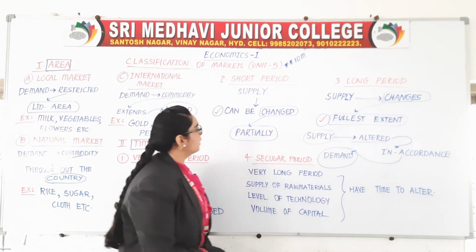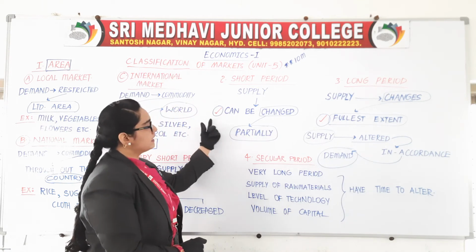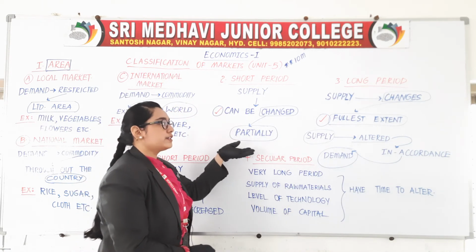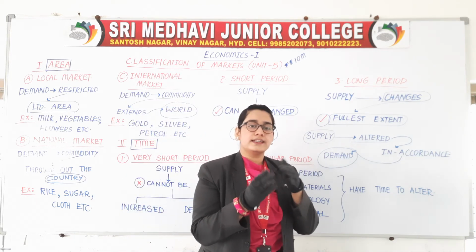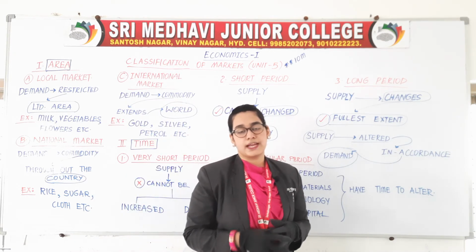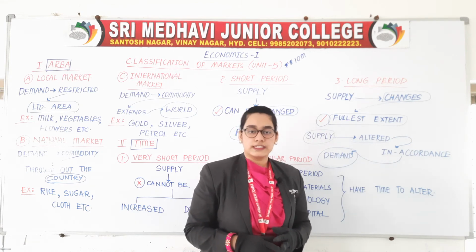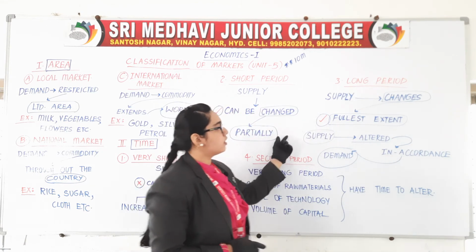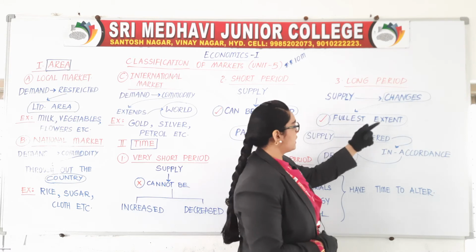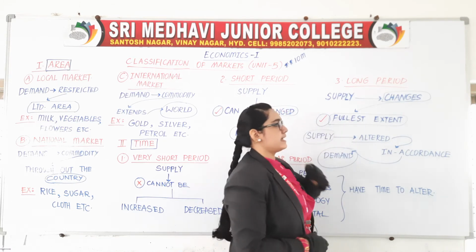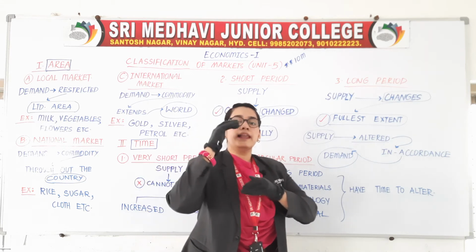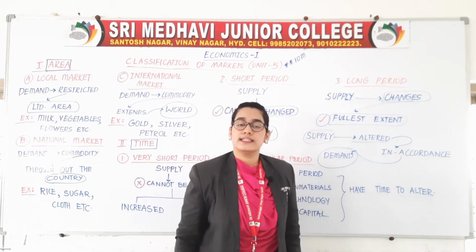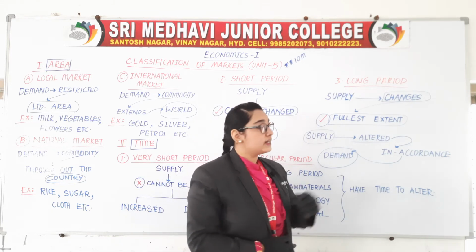Coming to short period, supply can be changed partially. Partially means to a small extent you can change the supply, very little. Is that clear? Then long period, supply changes to the fullest extent. Fullest means to its maximum level you can change the supply. In which period?